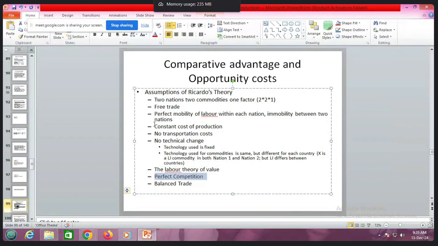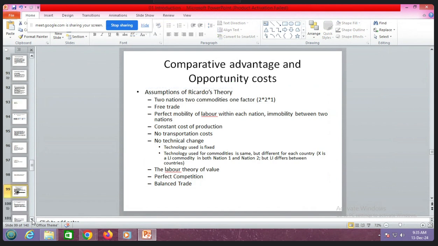Perfect competition, all these factors that we talk about, perfect mobility, no transportation cost, no technical change, all are features of perfect competition. And the last one is balanced trade. Balanced trade means the value of import is equal to the value of export. Okay, so that's what we have seen earlier also.